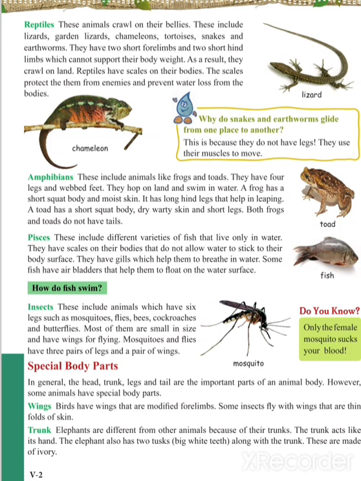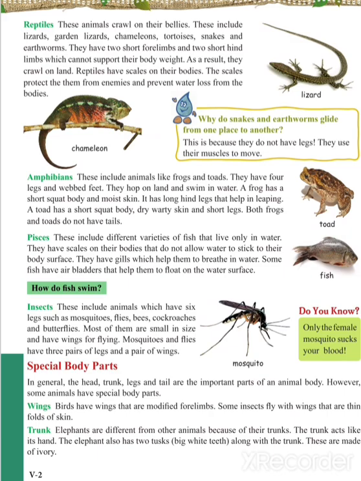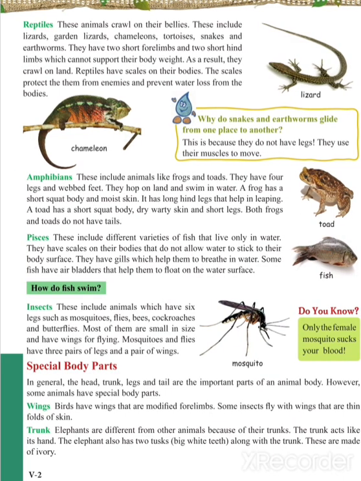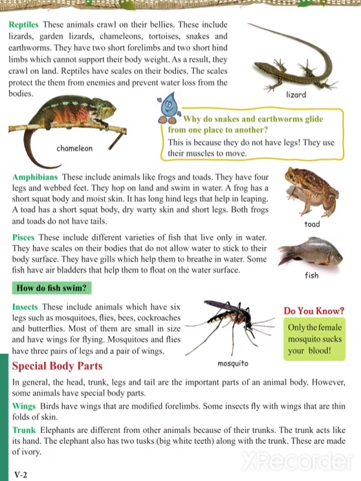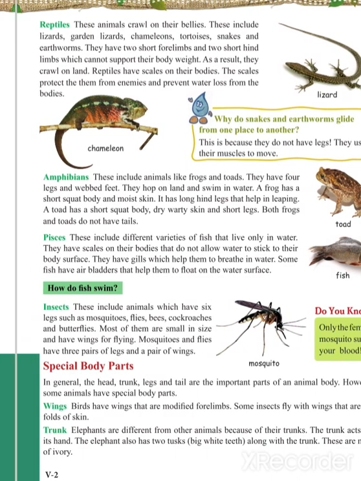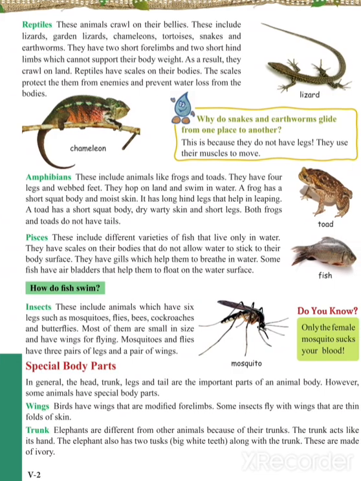Birds have wings that are modified from forelimbs. Some insects fly with wings. They are thin folds of the skin.